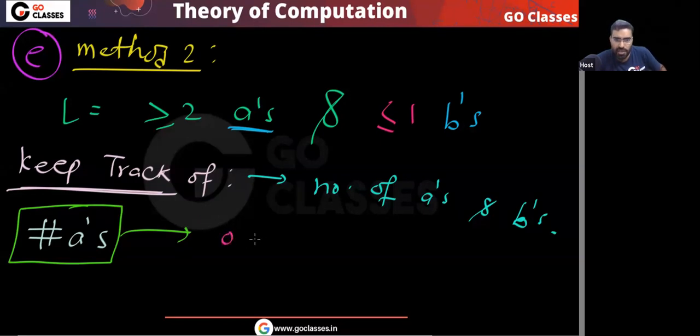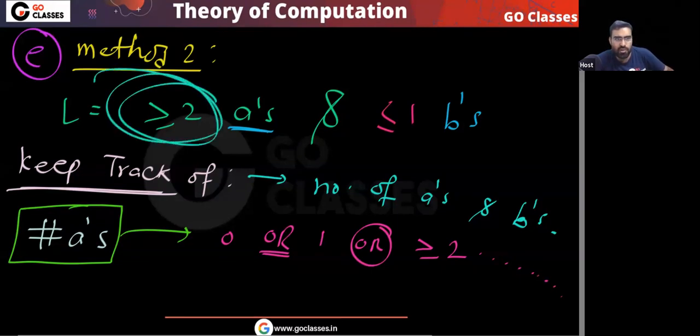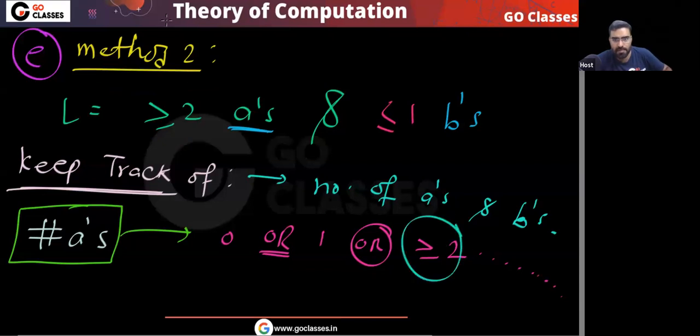See, either number of A's can be 0, or 1, or greater than or equal to 2. Will you create infinite categories? 3, 4, 5, 6, and so on. No, there is no need. Because anything which is greater than or equal to 2, that is in this category.